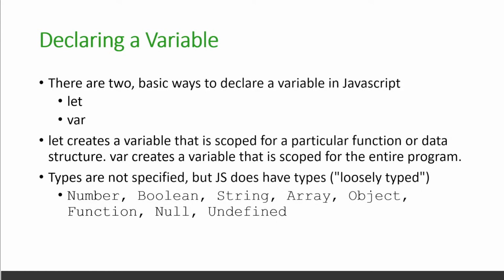For our purposes at this point in time, the differences really don't matter, so we're just going to use var, short for variable. If you care, let creates a variable that's scoped for a particular function or data structure, while var creates a variable that's scoped for the entire program. Globally scoped. Where we're at, we don't really have to worry about that.